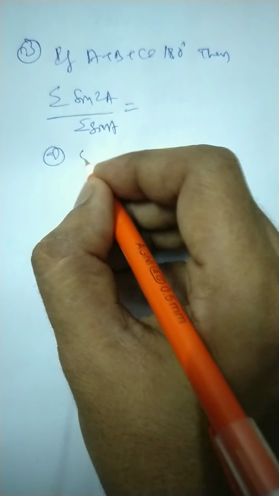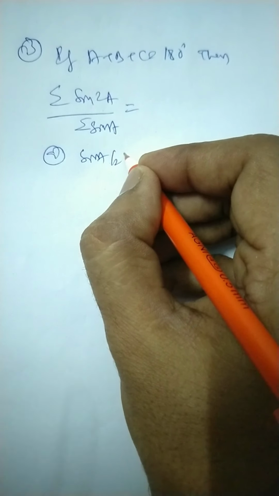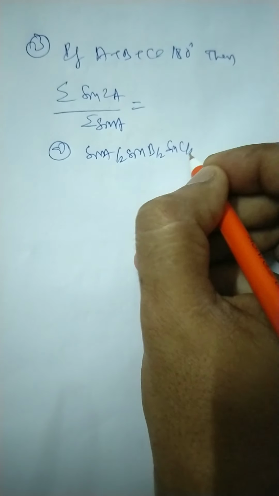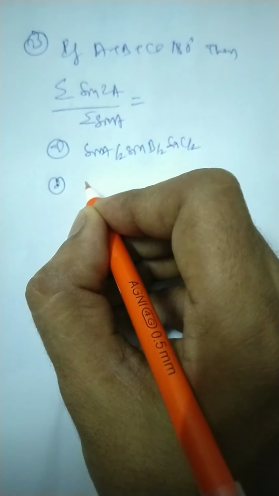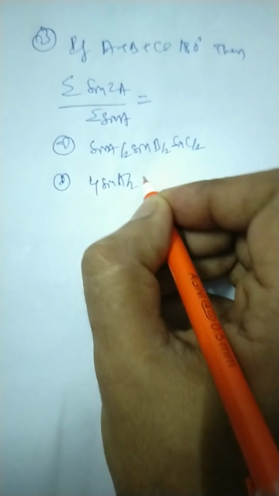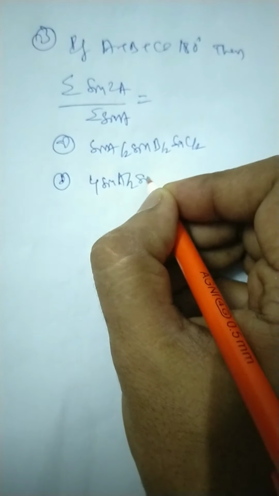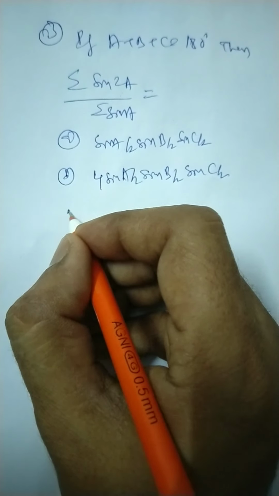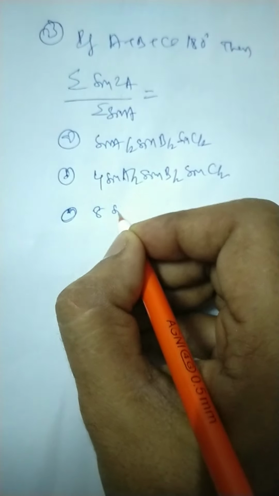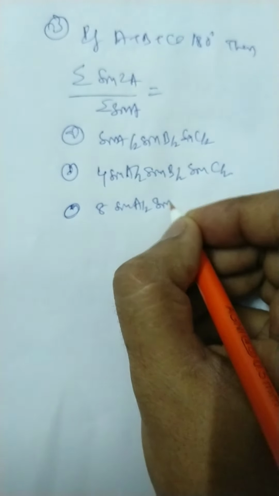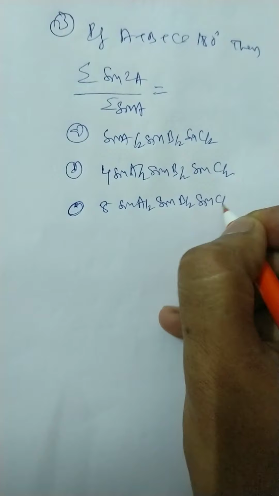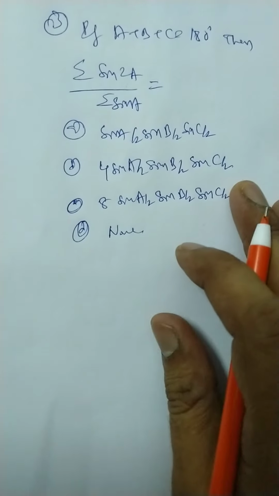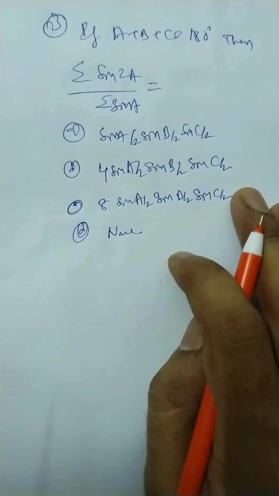The options are: option A, sine A by 2, sine B by 2, sine C by 2. Option B, 4 sine A by 2, sine B by 2, sine C by 2. Option C, 8 sine A by 2, sine B by 2, sine C by 2. Option D, none. So to attempt this problem you use the same mechanism.